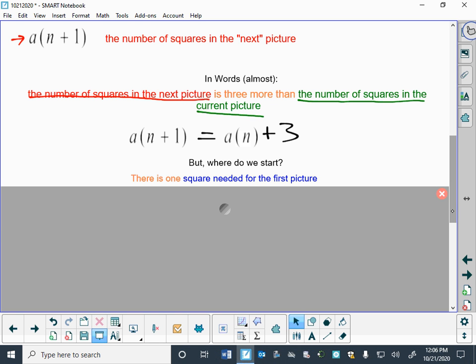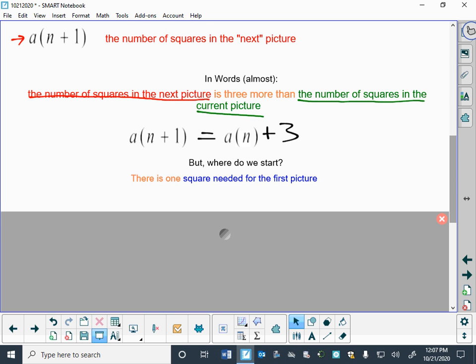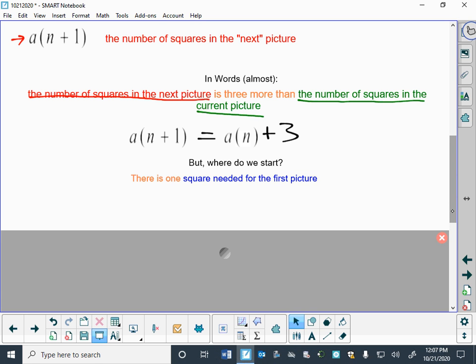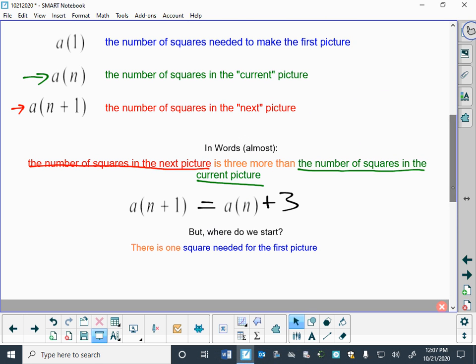So we need to know this extra piece of information, that there is 1 square needed for the first picture. Remember our notation up here for number of squares in the first picture. We need to say that the number of squares in the first picture was equal to 1.